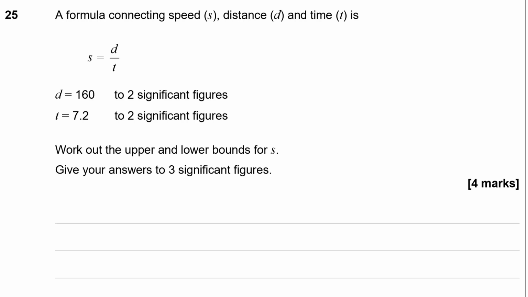Now, the second significant figure of this number is the 6, which means that D has been rounded to the nearest 10. Okay, now if we imagine a number line, and we mark 160 on that number line, then we're rounding to the nearest 10.